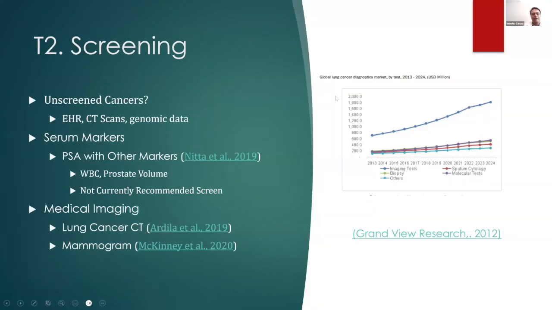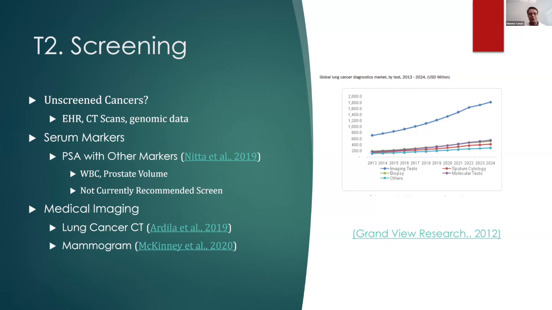And screening is an area that I think AI has a lot of potential for. Currently, lung cancer and breast cancer are two big areas where we do screening. But in the future, we'll be able to combine multiple different serum markers such as PSA, and then we'll be able to screen for different cancers.